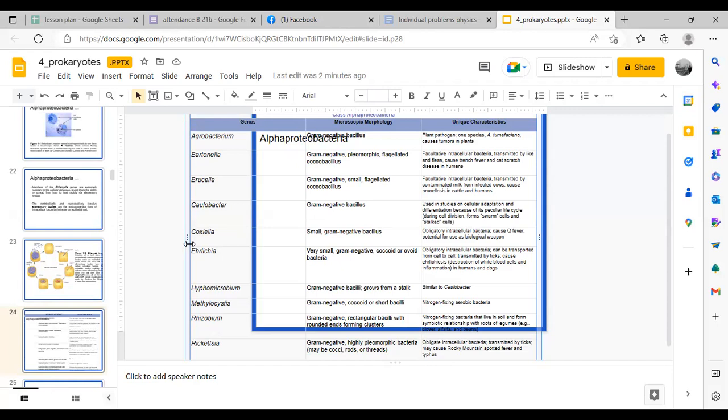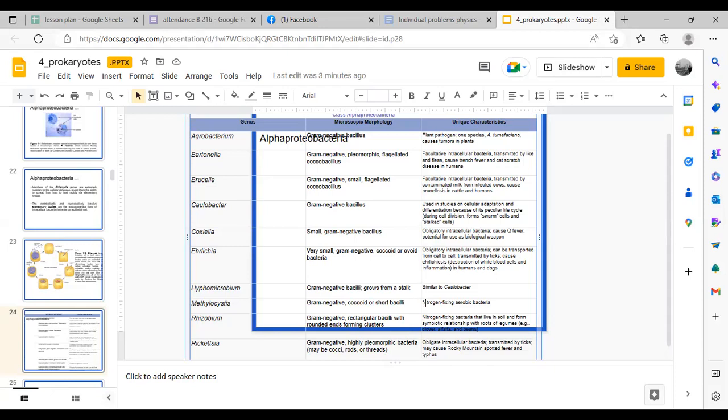Okay, so methylocystis is an important nitrogen fixing bacteria. It's gram negative, a coccoid or short bacilli. So you don't have to remember whether it's gram positive or gram negative. Just take note of the disease, because as nurses, you have to be familiar with it.